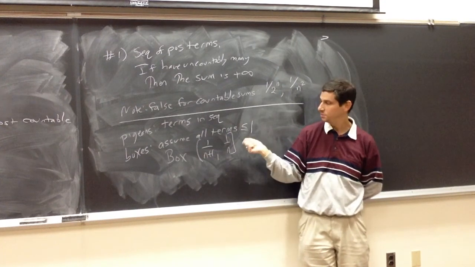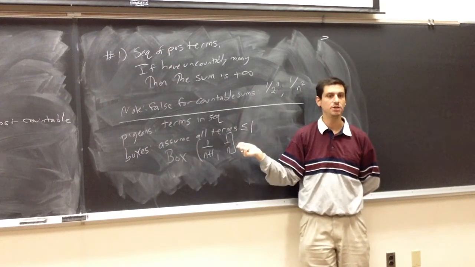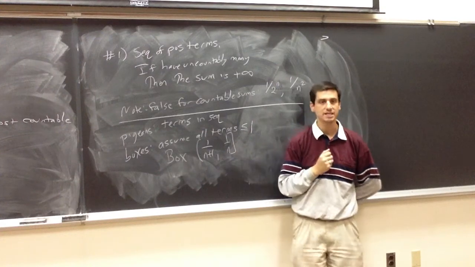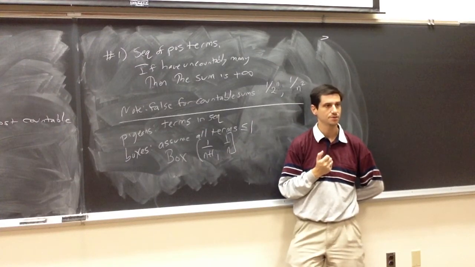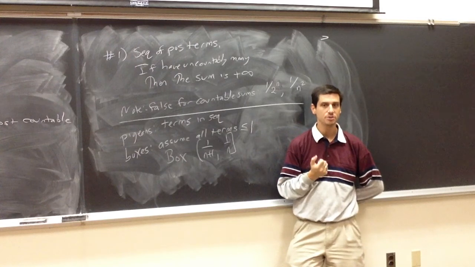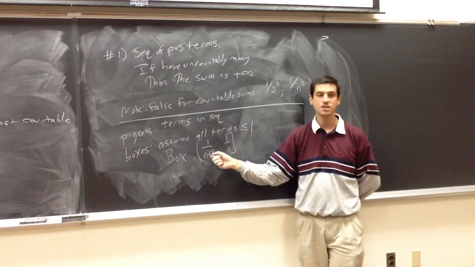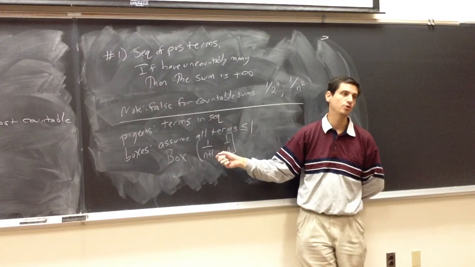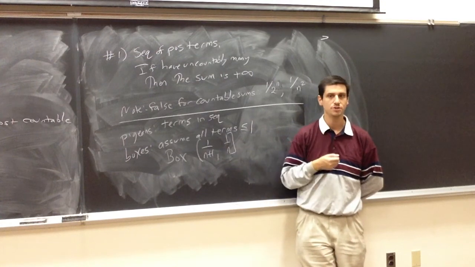I have countably many boxes. I have uncountably many pigeons. One of these boxes gets infinitely many terms of my sequence. If you get infinitely many terms of the sequence in this box, every term is at least 1 over n plus 1. And so what must be true about the sum?